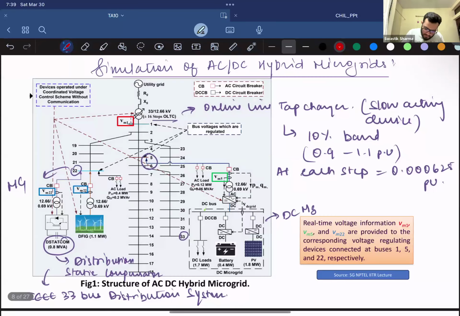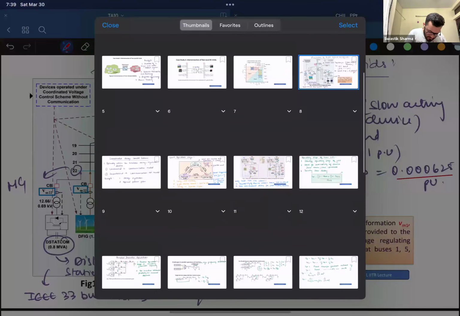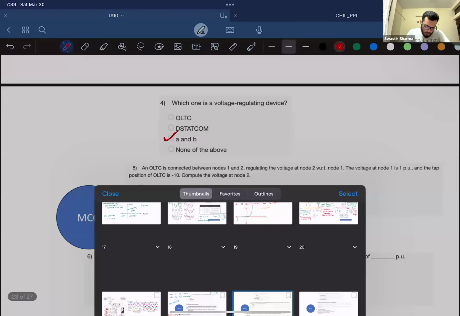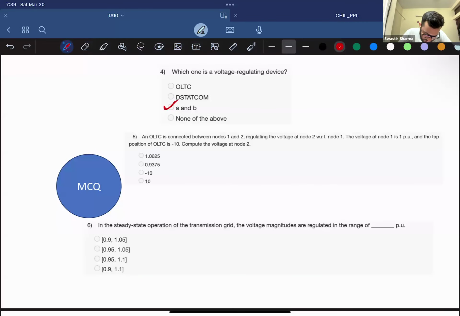So at each step, it can control 0.00625 per unit voltage. And now the question says that you have a voltage regulating node at 2 with respect to 1, and the voltage at node 1 is 1. The position of OLTC is minus 10, compute the voltage at node 2. So minus 10 times 0.000625, which is 0.00625, right?